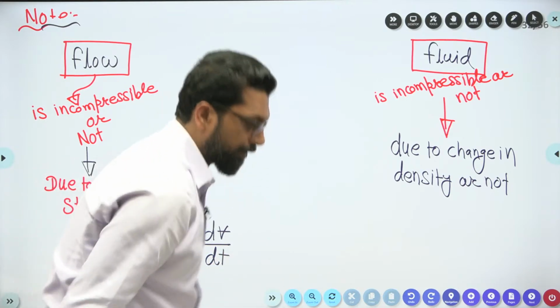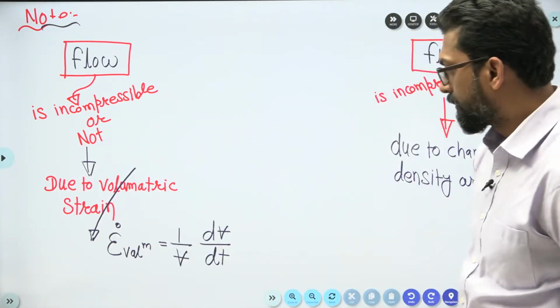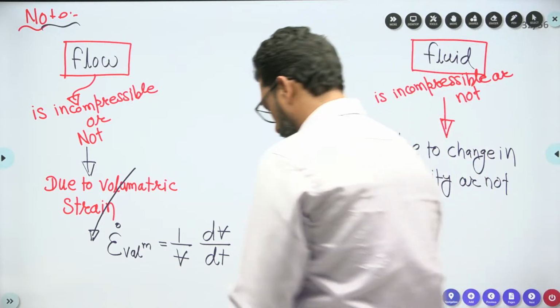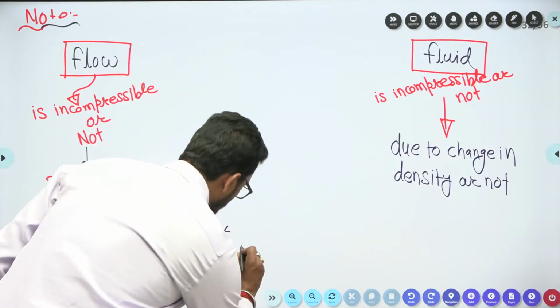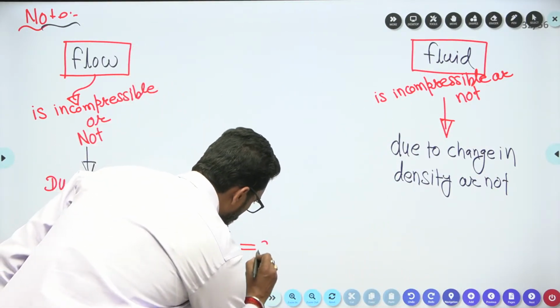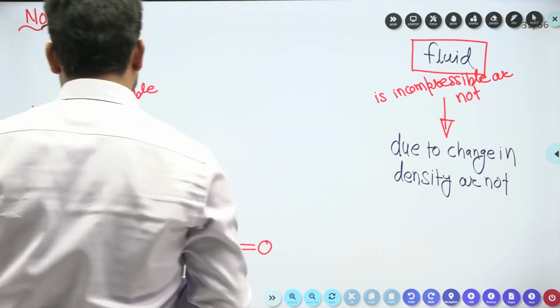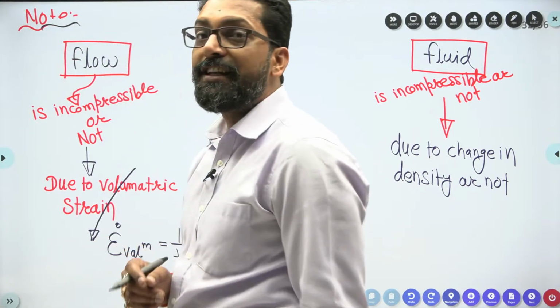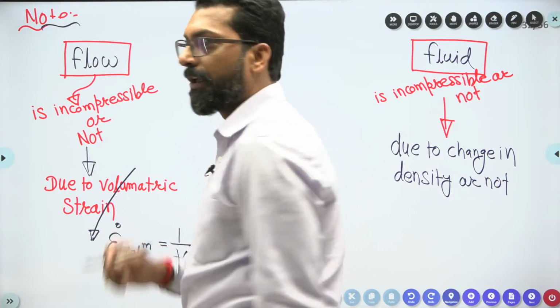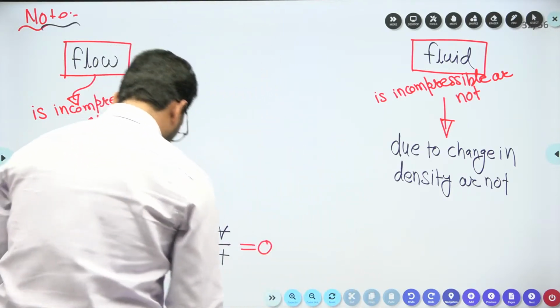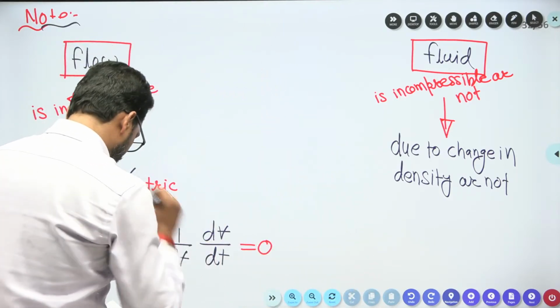This is your rate of volumetric strain. You know all the things. If this is 0, the fluid is incompressible. If this is 0, that means the fluid is incompressible.